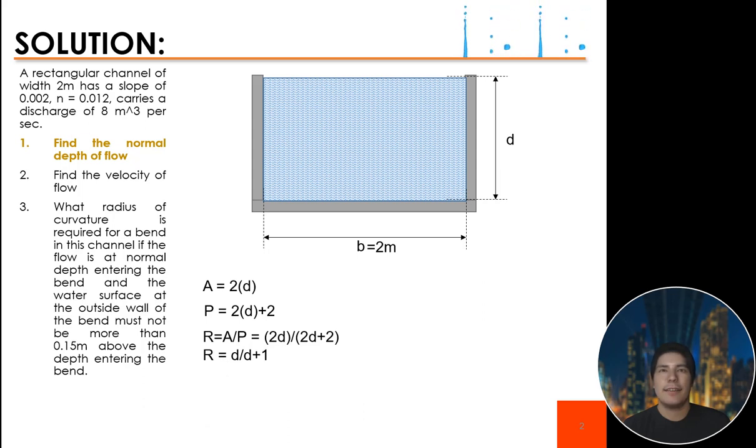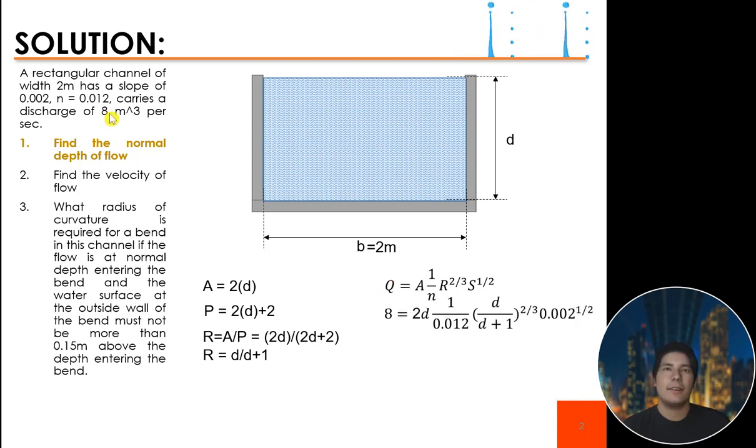So, we have D over D plus 1. So, ngayon, meron tayong continuity equation, Q equals area times velocity, where velocity is just 1 over n, R^(2/3) S^(1/2), per Manning. So, meron tayong Q na given 8 cubic meter per second. We just substitute that one and we compute for the depth ng water natin. So, we have 1.51 meters. So, yan na yung normal depth.